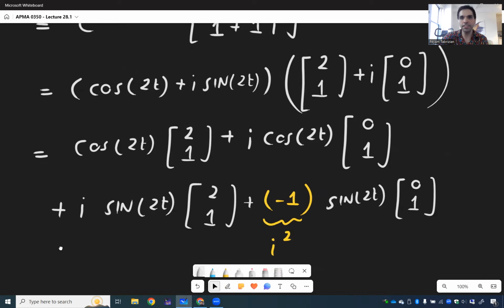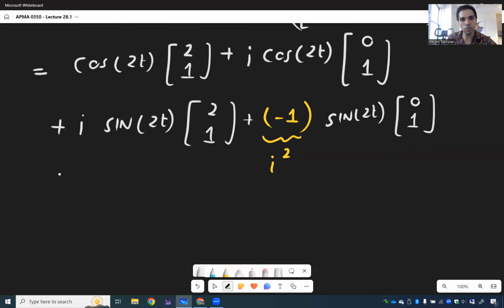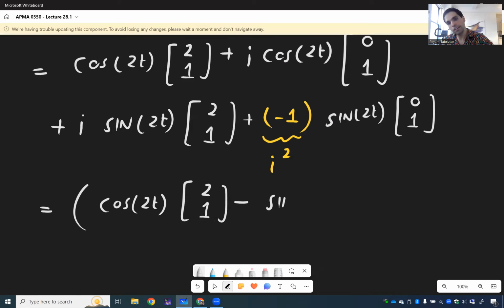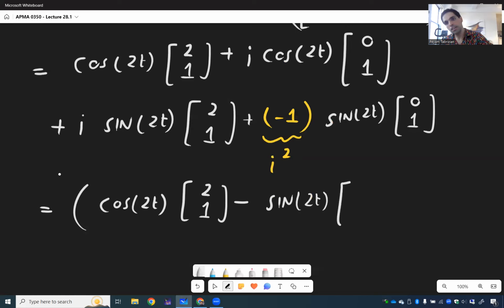And then once again, as I said, we want to split this into real and imaginary parts. So this becomes cosine of 2t times (2, 1) minus sine of 2t times (0, 1). Again, the minus comes from i squared.